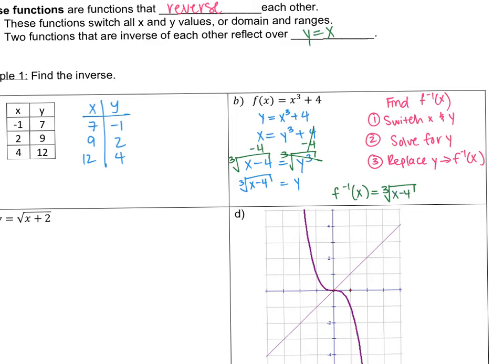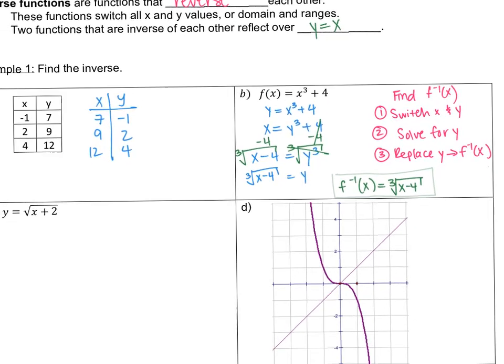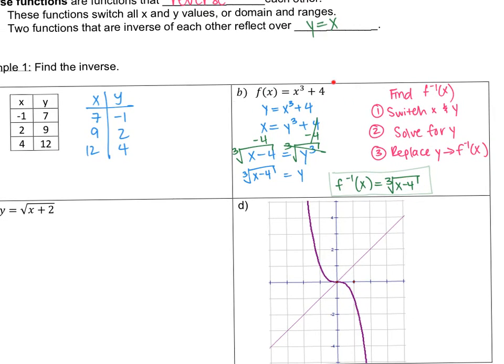And so that there is my inverse function. Basically, once you get y by itself, replace it with the f -1 of x notation so that you're saying that these two are directly inverses of each other. And then you could graph these two to see the symmetry, but I'm not going to do that here.